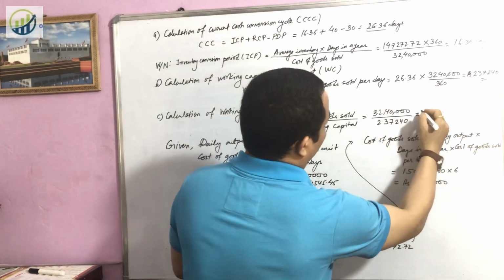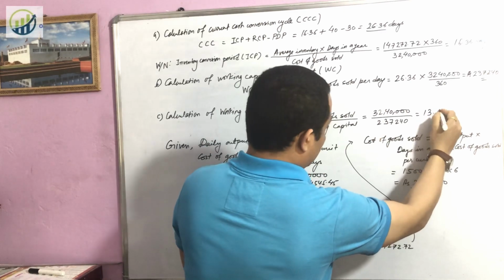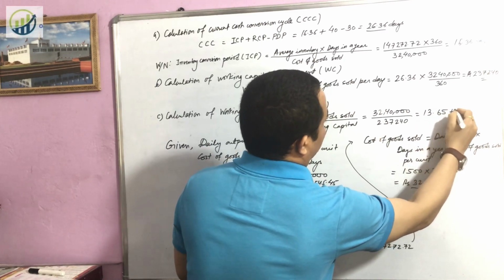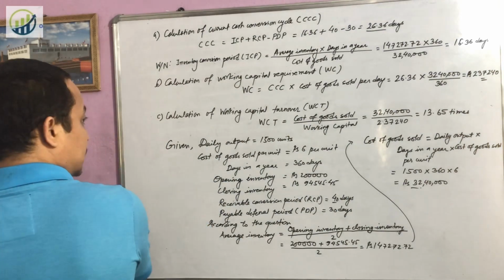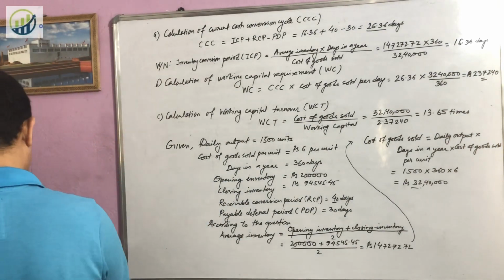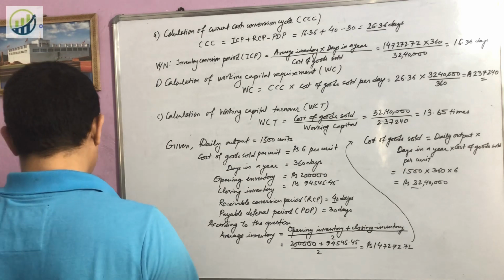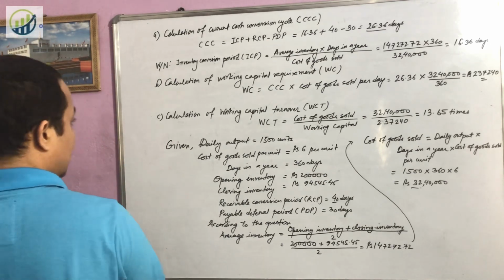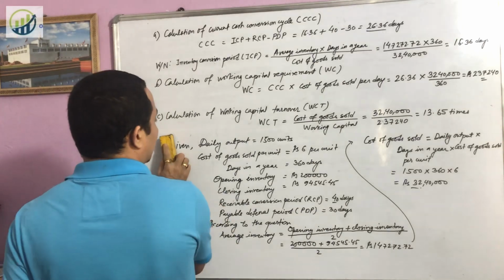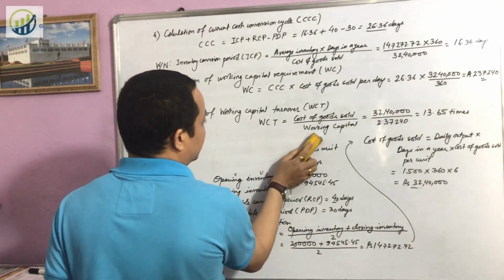So that will be 13.65 times. Okay, so working capital turnover is 13.65 times. Now after you find working capital, next you have to find, there is a condition given.